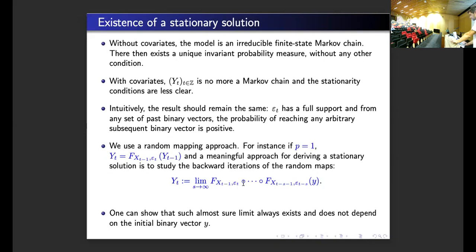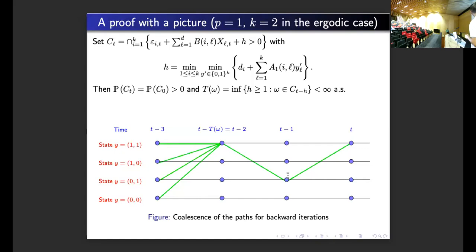That is, you run in the past some iterations of the process, and you show that when S goes to infinity, you obtain a convergence, and the value will not depend on the initial value Y. Of course, when you use categorical data, convergence has a special meaning. If you have a finite number of values, everybody knows what convergence means. It means at some point you are constant. So we just have to show that this kind of iteration, after some point for large values of S, is constant. I have a special argument for this, which is a coalescence argument.